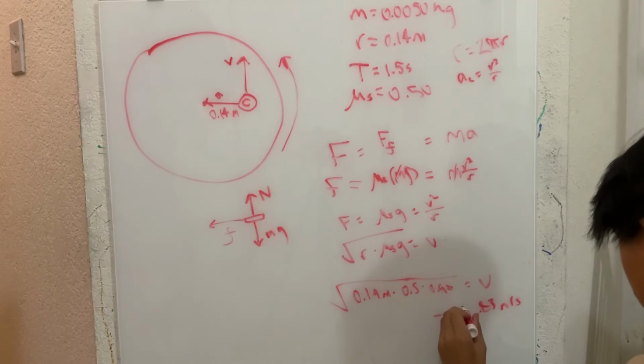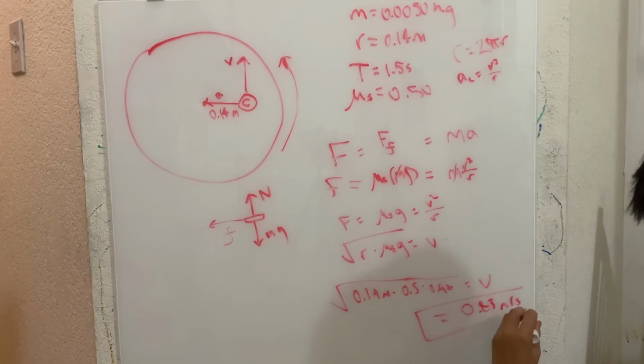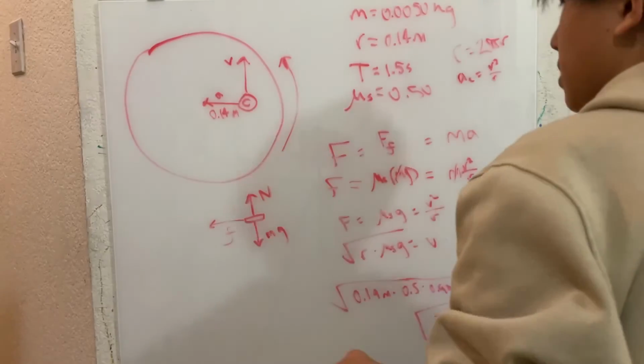Sorry, my handwriting is not the best. So that is the linear speed of the coin when it just begins to slip. So that was part C.